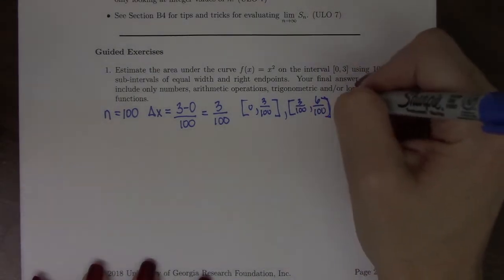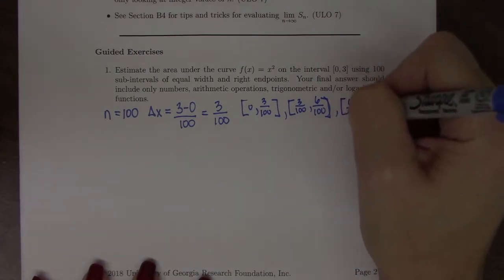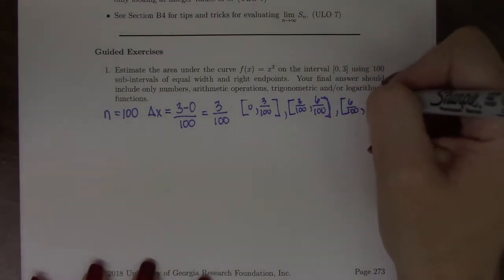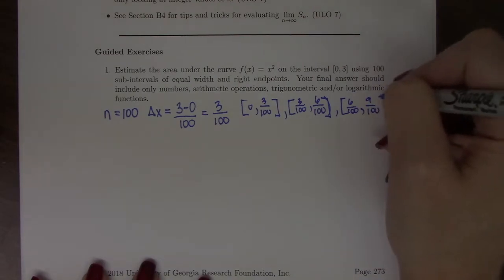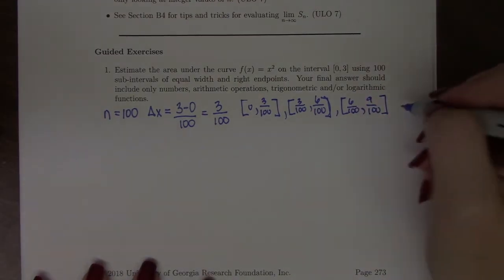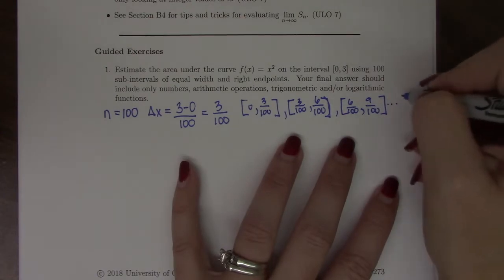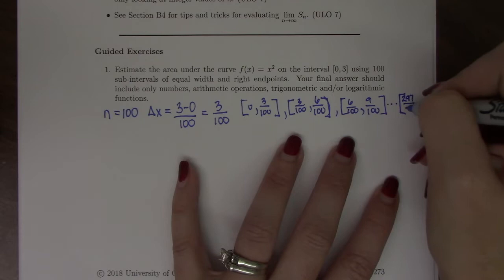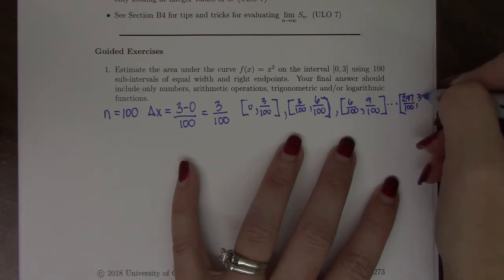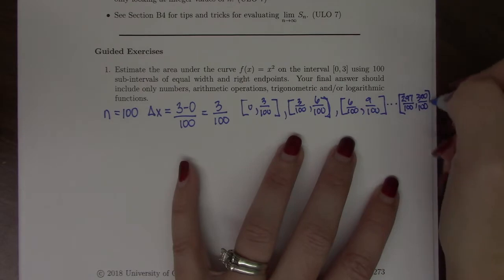Then our next rectangle would start at 6 over 100 because they butt up against each other and go to 9 over 100. So what we're doing here is we're just trying to discern a pattern, and I can see that the last rectangle will go from 297 over 100 to 300 over 100.